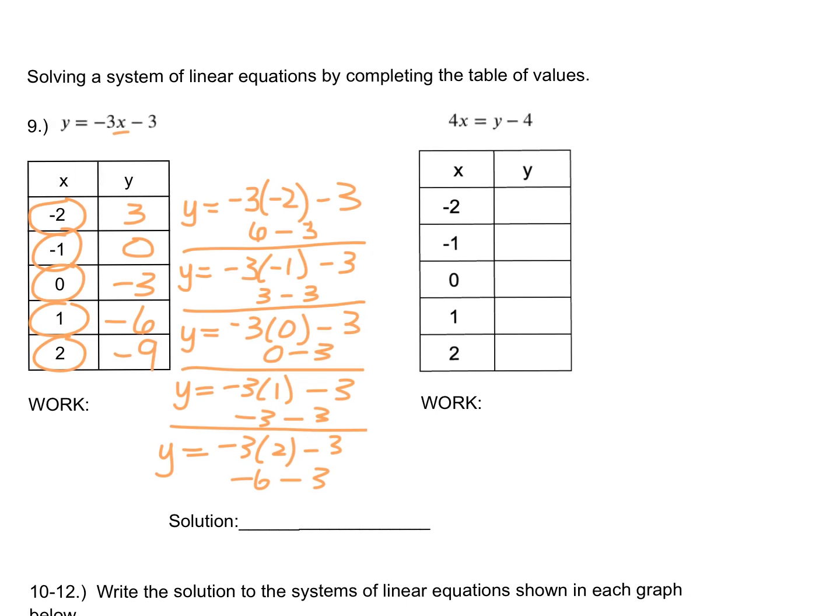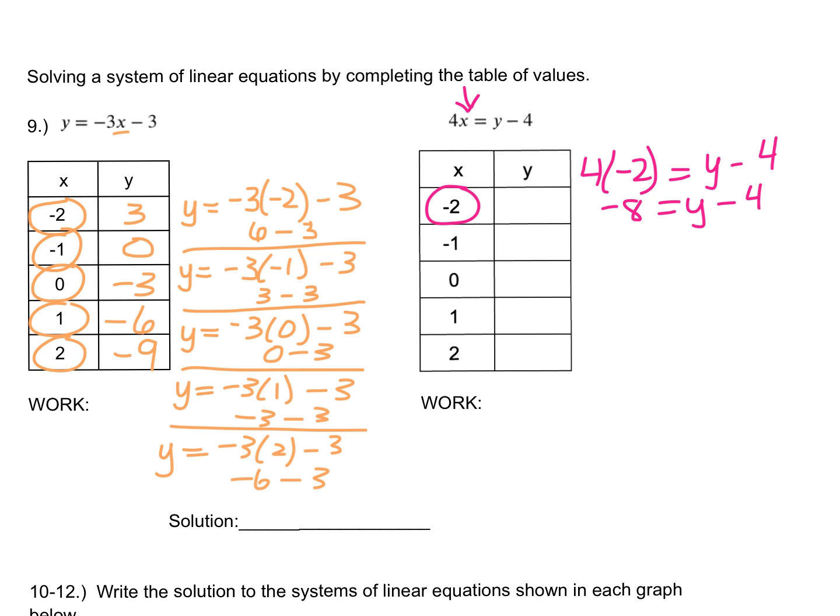Okay, now our x value is over here on the other side of the equal sign. So this one's a little bit trickier. Okay, same process. We're going to sub in our x values. So -4 times -2 equals y minus 4. 4 times -2 is -8.